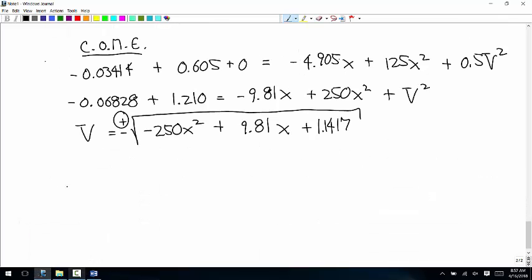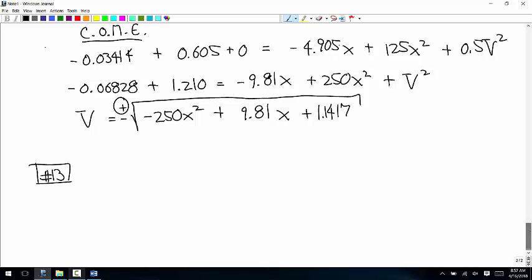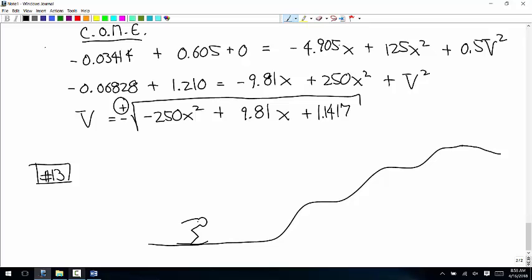So number 13. You have a skier skiing across a flat, and then a hill. And this hill is 5 meters high.